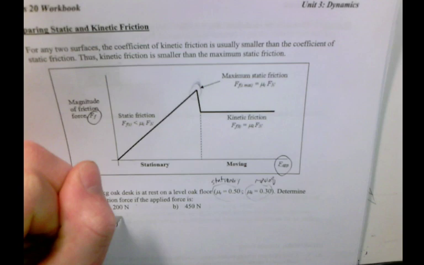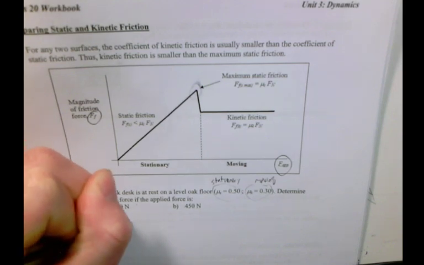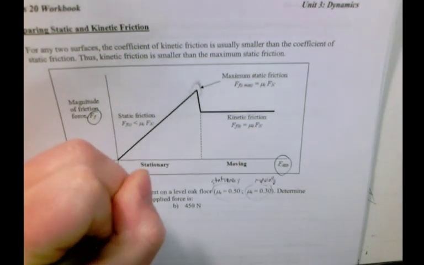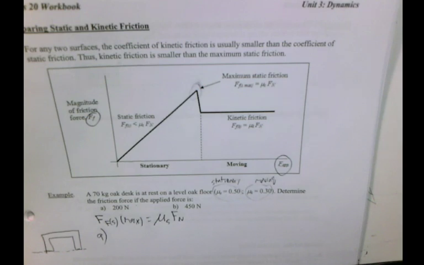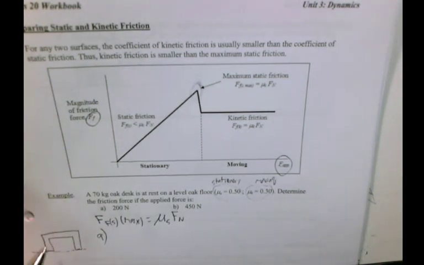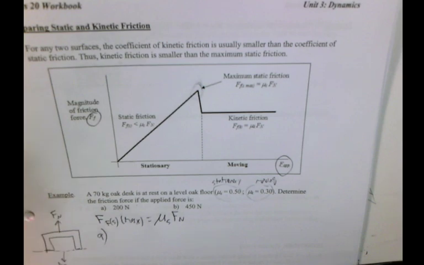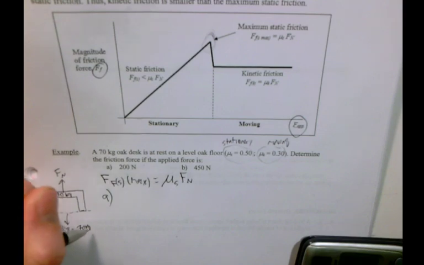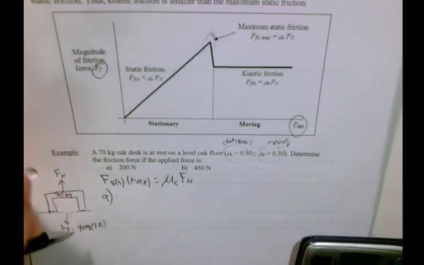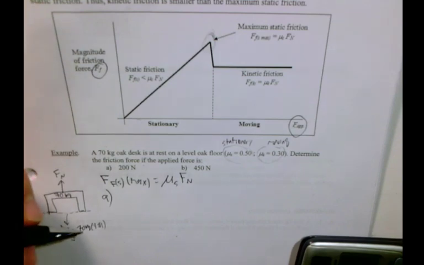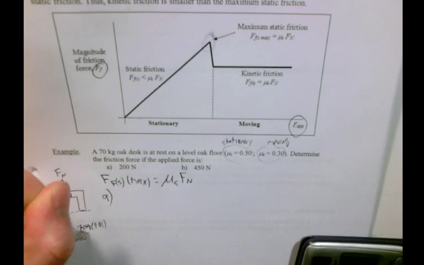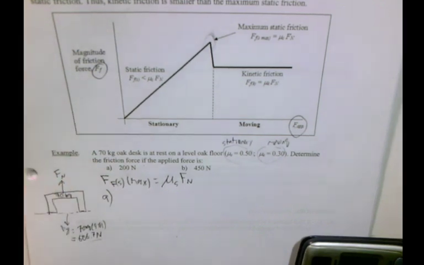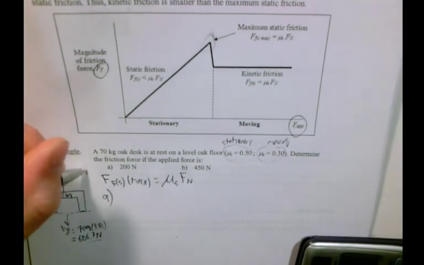Force of friction, static, maximum, is always going to be equal to our coefficient of static friction times our normal force, where our normal force here is going to be same as force of gravity, which will be 70 times gravity. 70 kilograms from our table, and our gravity, 9.81, which gives us 686 newtons. Right? So both of those are 686.7 newtons.